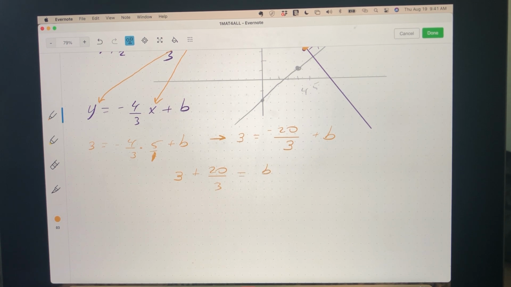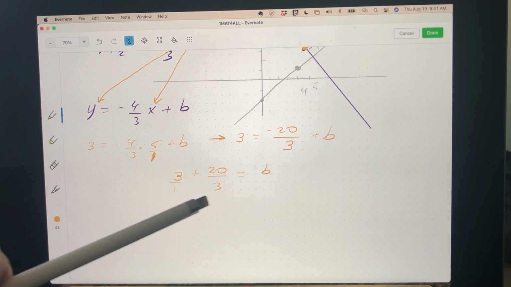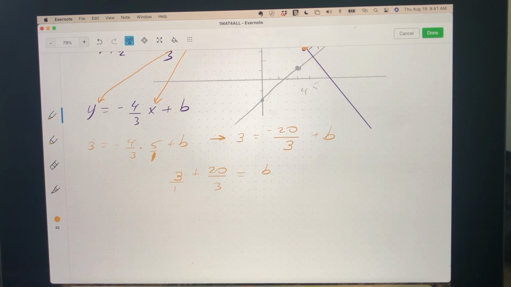We could do this with a calculator, or we can do it by hand. To do it by hand, we need a common denominator. When we add or subtract fractions, the bottom number must be the same, and the smallest number that both 3 and 1 go into would be 3. So multiplying top and bottom by 3, we now have 9/3 plus 20/3, which is 29/3, and that's b. And we're done, because the only thing missing from our equation was the b, and now we know that it is 29/3.